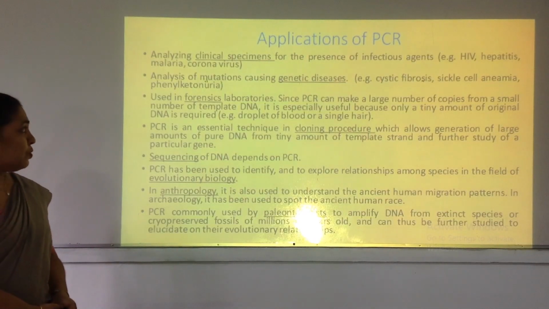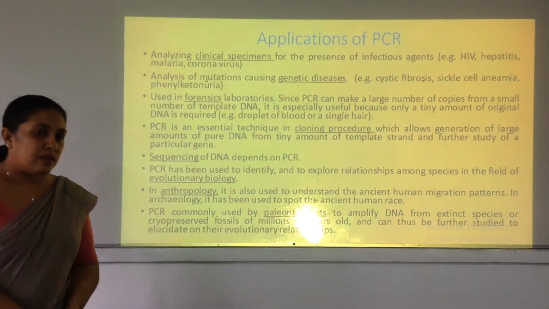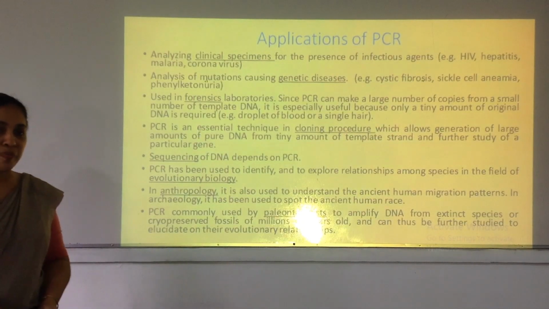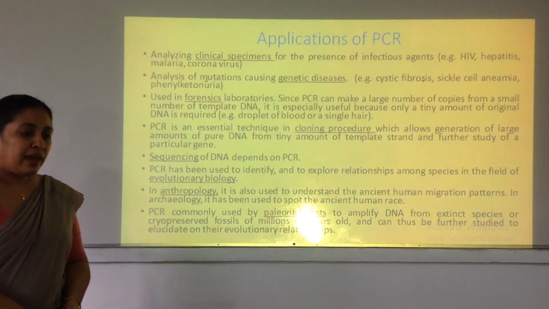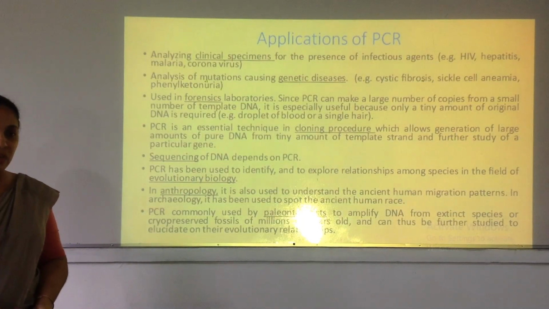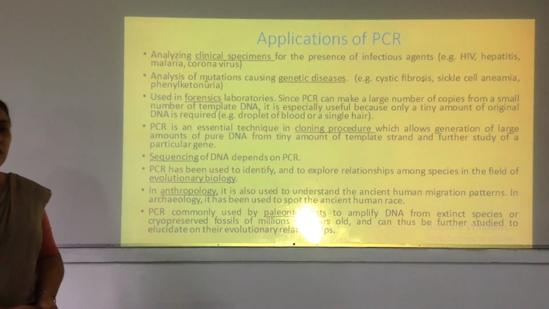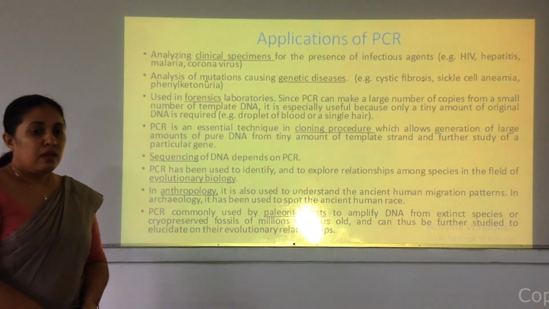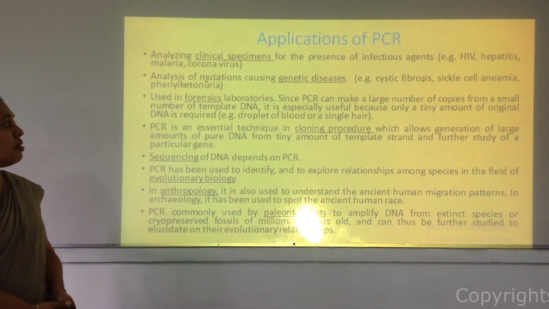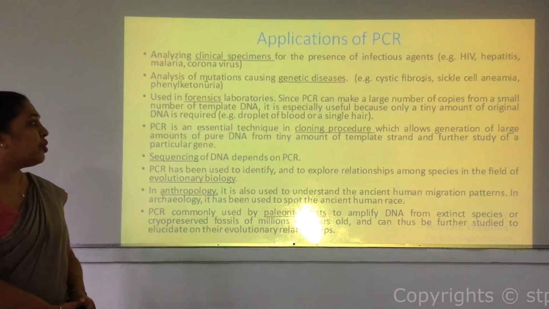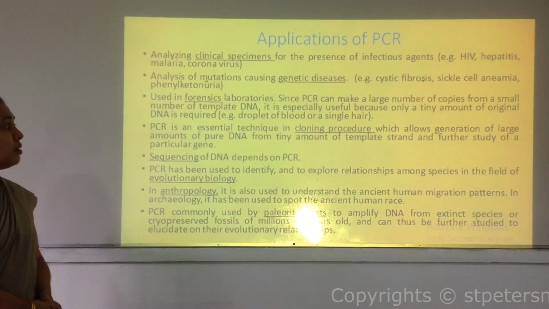And it is used in forensics also. In forensics, there is something called DNA fingerprinting. From a sample of a victim at the crime scene, we can identify the criminal using PCR if we can get a small sample such as a drop of blood or even a single hair.